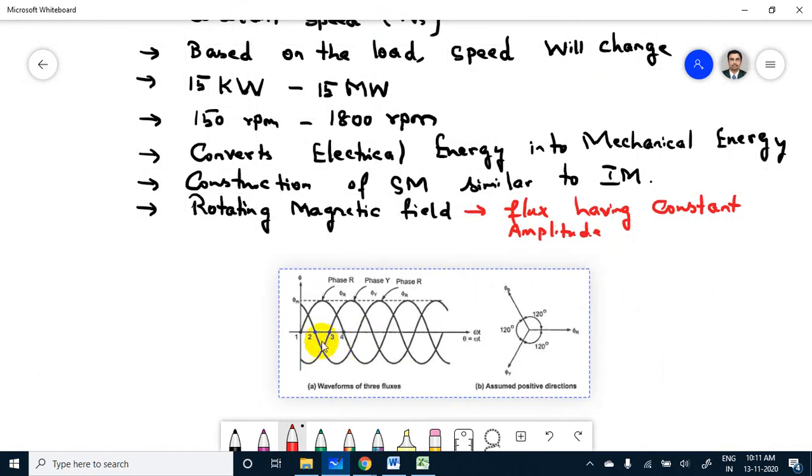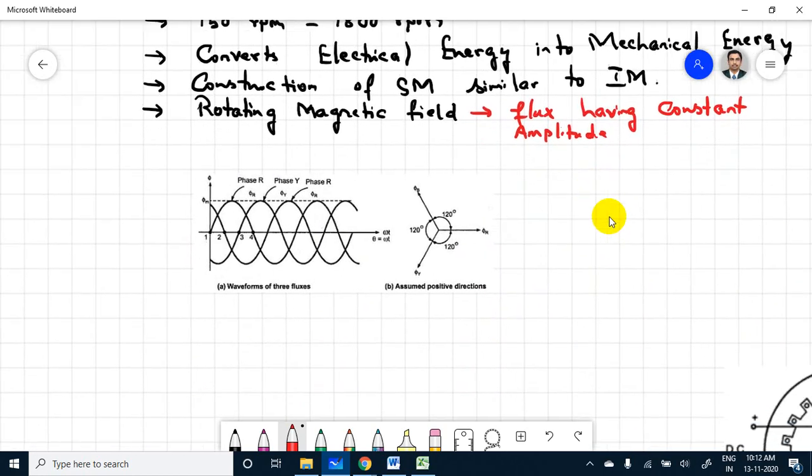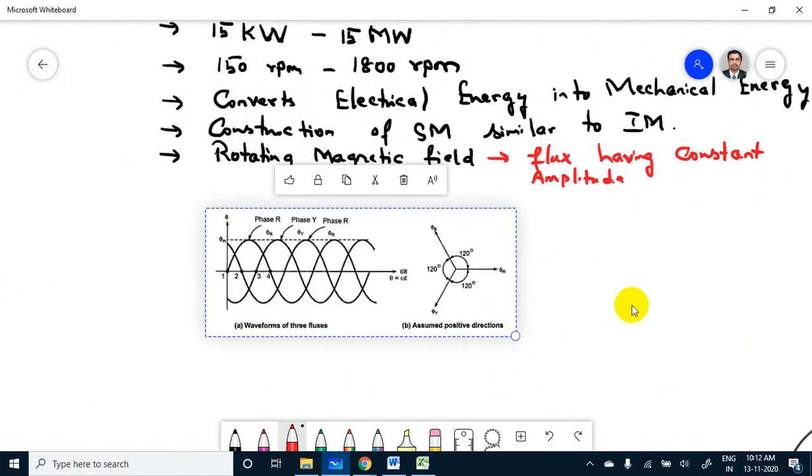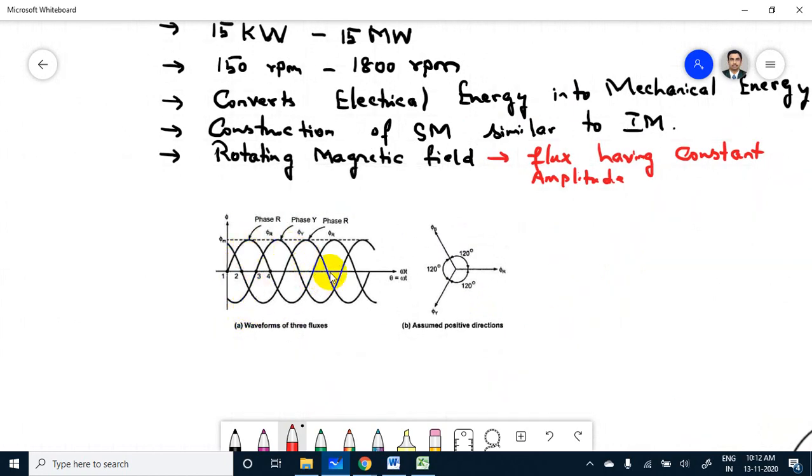So in this diagram, you see this is the three-phase waveform. The first one is the R phase, the second one is Y, the third one is B. So the phase sequence will be R, Y, B. The phase difference for each phase is 120 degrees, so the total comes to 360 degrees.